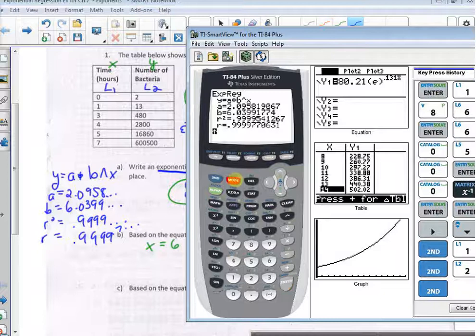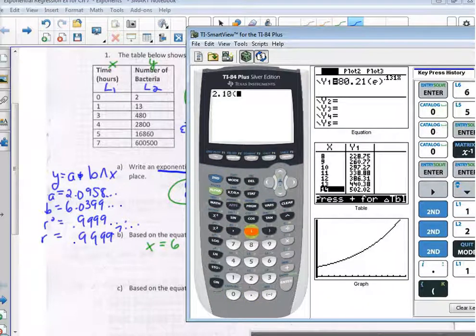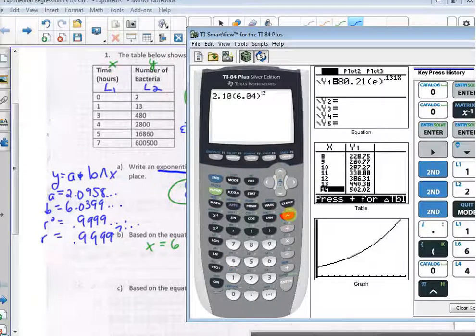So back here, I would go to the home screen and I would do 2.10 times 6.04 to the 6th. And if you're doing it differently, remember you cannot multiply the 2.10 and the 6.04.